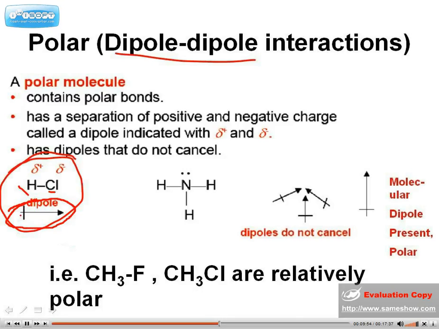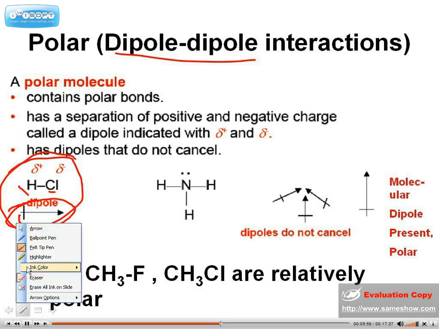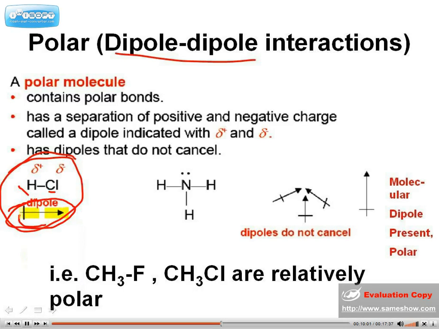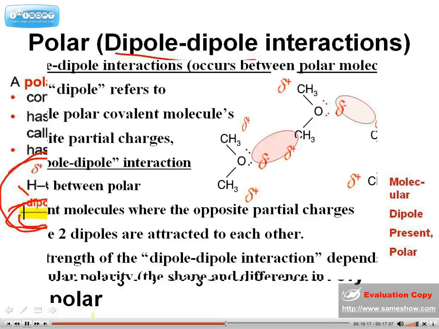We represent this by writing a dipole symbol, which I'm going to highlight right now. And then it turns out that here we have a positive and negative, and the intermolecular force is due to opposite charge attraction, where you have another molecule with a dipole, hence dipole-dipole interaction.